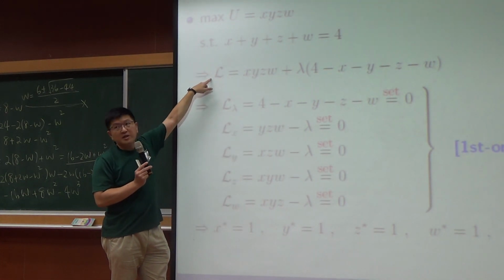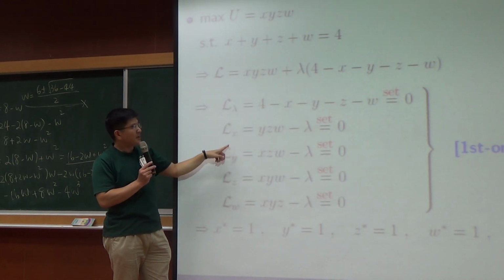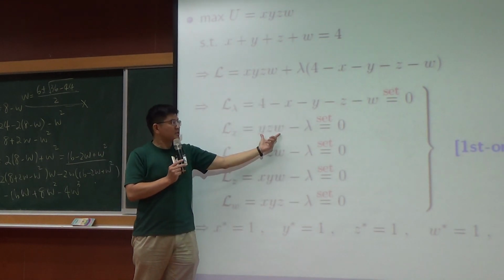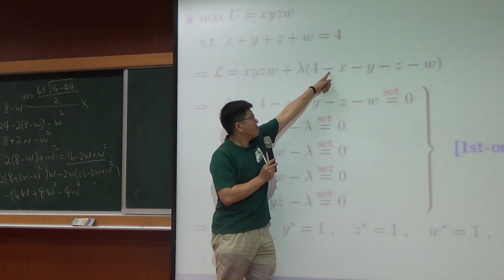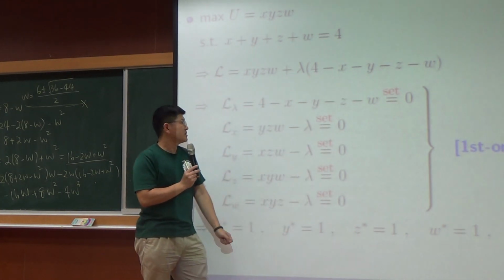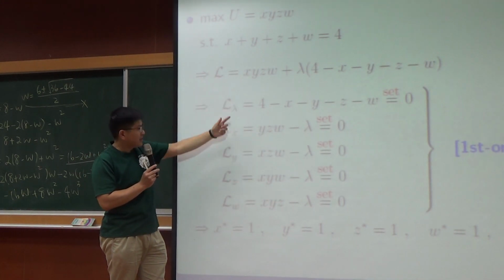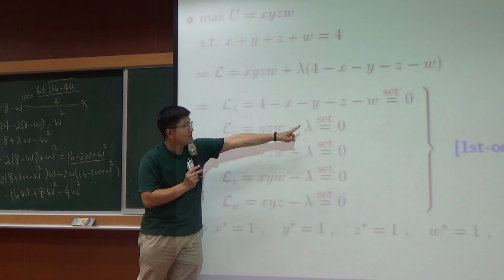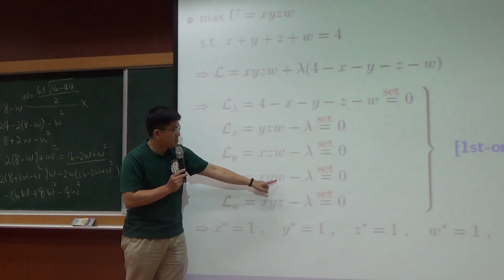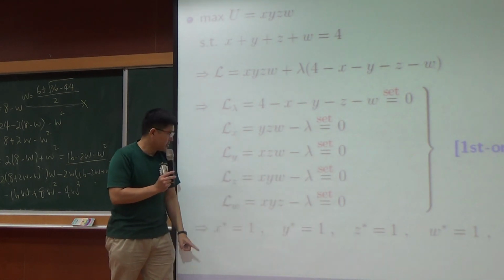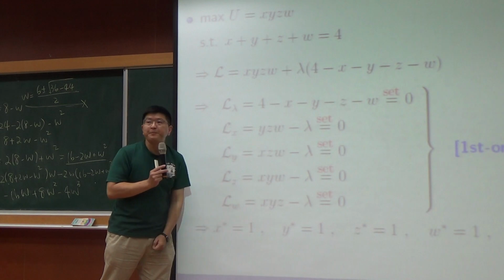Differentiate the Lagrangian with respect to x partially, okay? So we got the first term would be yzw minus lambda equals 0. And differentiate with respect to y, xzw minus lambda. With respect to z, xyw minus lambda. With respect to w would be xyz minus lambda.